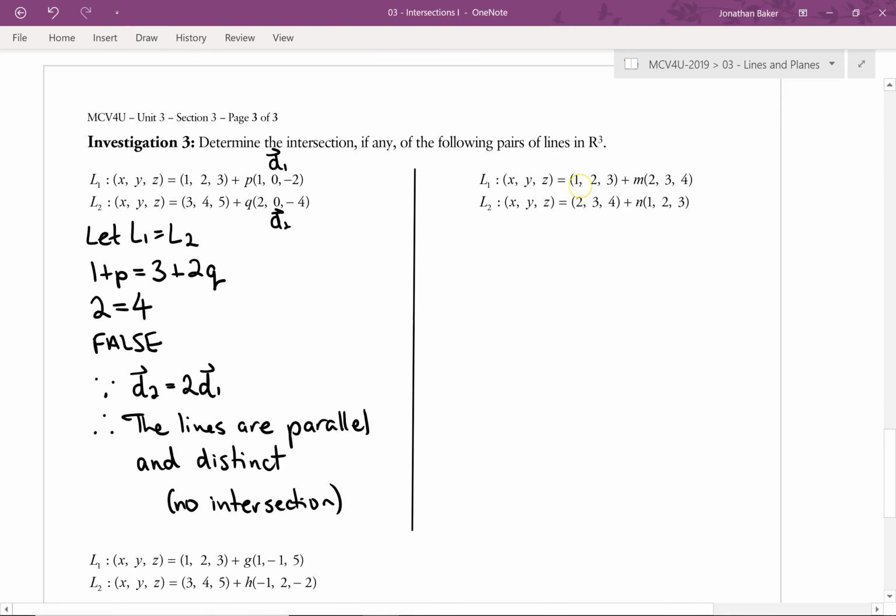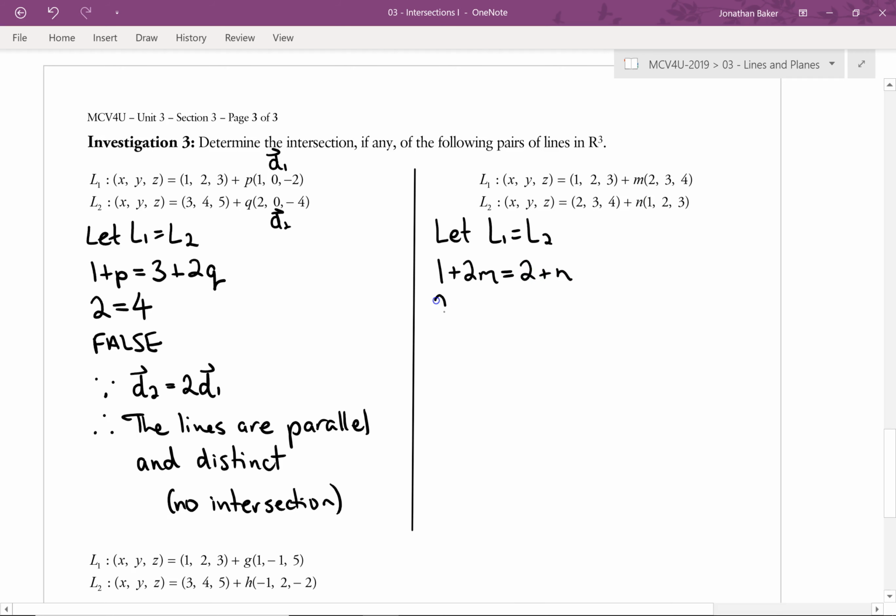So for the next one, we're going to have the same thing going on. We'll let L1 equal L2 and see what we get. We'll start with our x's: 1 plus 2m is equal to 2 plus n.